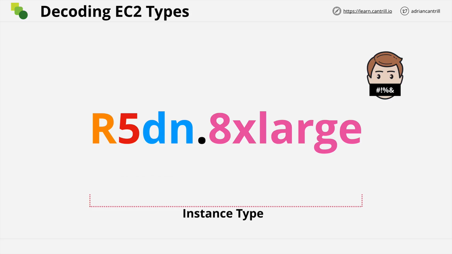The letter at the start is the instance family. Now there are lots of examples of this: the T family, the M family, the I family, and the R family. There's lots more, but each of these are designed for a specific type or types of computing.